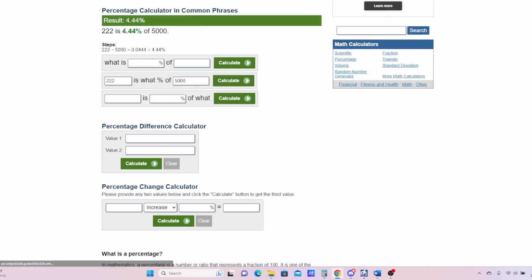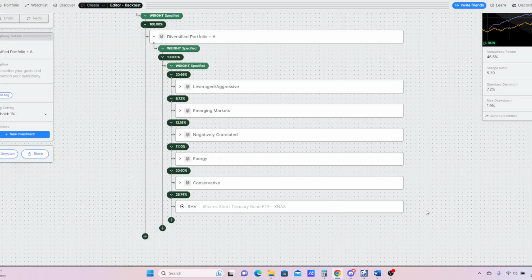That gives me 4.44. So 4.44% of my equity of my portfolio would be allocated to TQQQ for the long term. That's what would be allocated to that inside of a master.